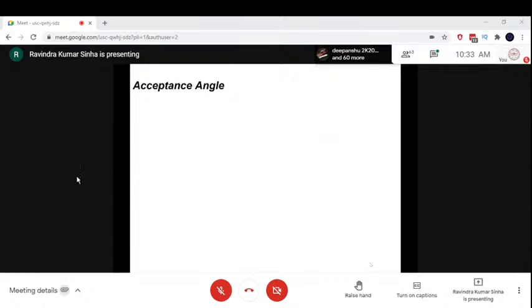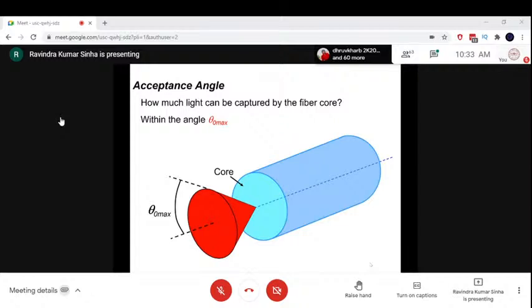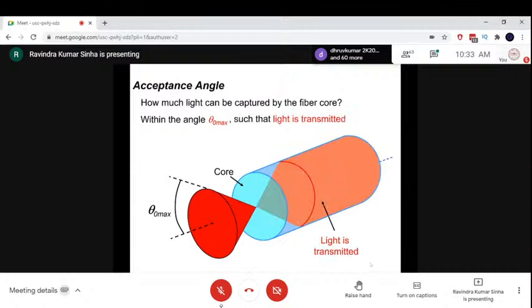This is the one. Now, what is acceptance angle? You can say the acceptance angle is this theta 0 max. That is called the acceptance angle. From this side or that side, that is the semi-vertical angle of the cone.